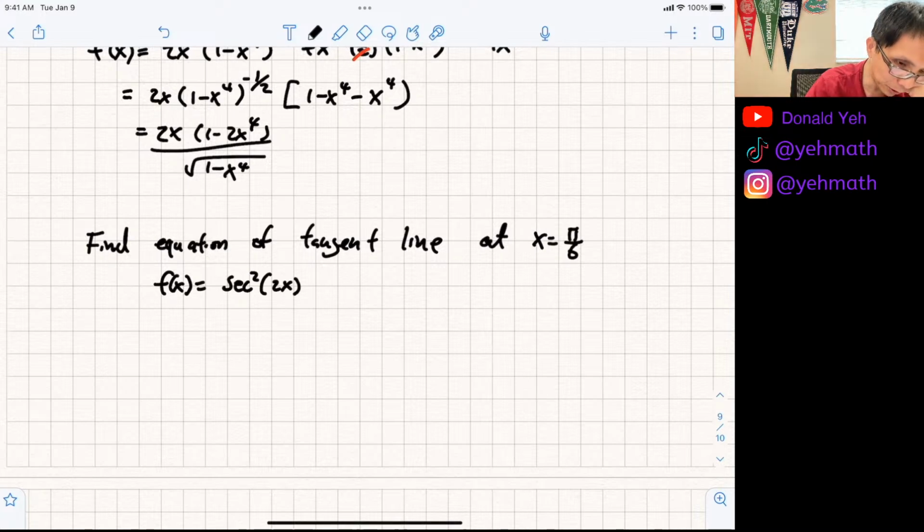Remember that this means secant of 2x, to the whole thing squared. So if you want to find the equation of the tangent line, you must handle multiple layers, and check with each other on the trig values. A lot of you are still kind of shaky on trig values. I'm always going to come back to ask you if you know your trig values.